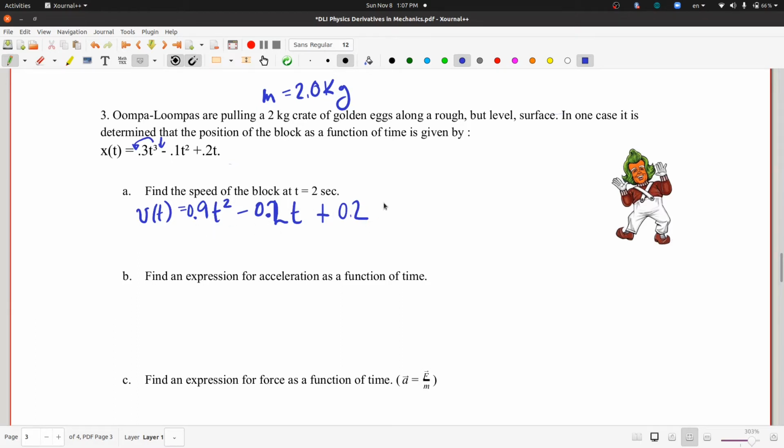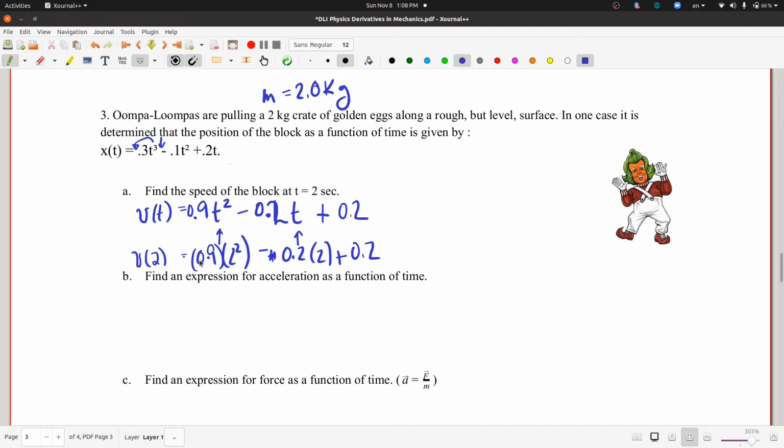That shows us how this crate is moving as a function of time in terms of what its velocity is at each time t. To find the velocity of the block at t equals 2 seconds, we just plug in t equals 2 into each term that has a t here. So this would be v of 2 equals 0.9 times 2 squared minus 0.2 times 2 plus 0.2.